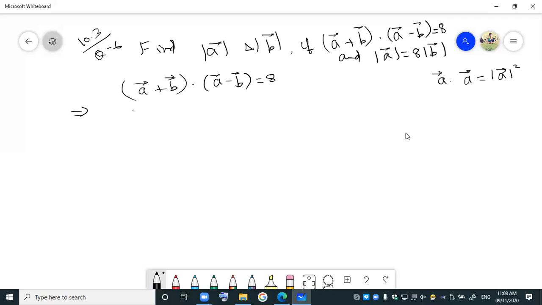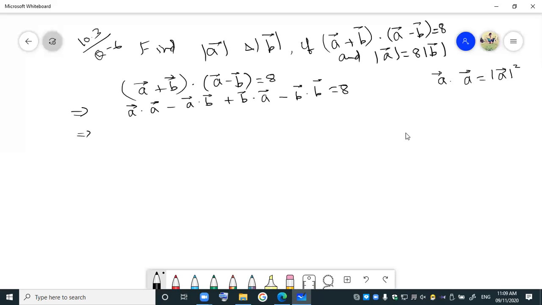So A will multiply with A, so you get A dot A. Then A multiply with B, A dot B. Then B multiply with A, so B dot A. Then B with B, plus minus minus B dot B is equal to 8.